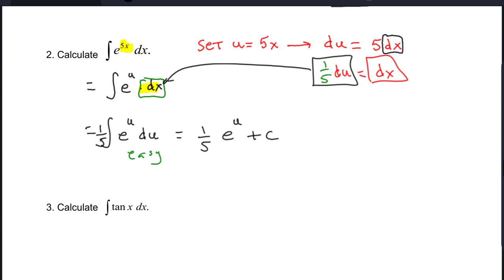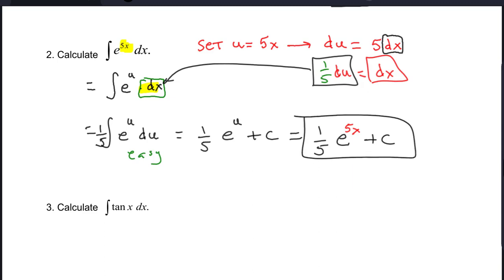Don't forget c on these indefinite integrals. And lastly, let's convert it into what it's supposed to be, an x function result: 1/5 e to the, I guess I'll use red, 5x plus c. There it is. We've got the integration all done.